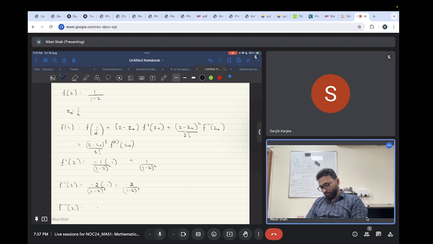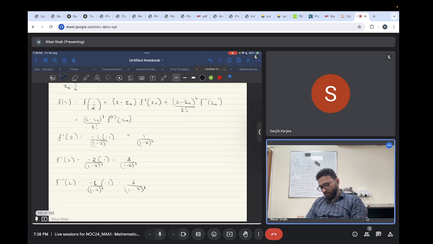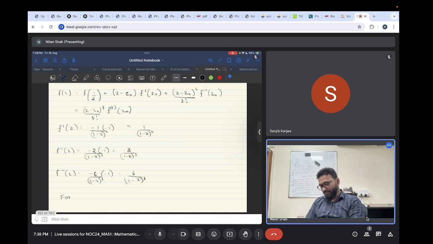Then the second derivative: 6 by 1 minus z, minus 6 minus 1, is equal to 6 divided by 1 minus z whole cube. So now having done this, for now, because this can be useful for expanding about any other point, I have written these general expressions of the derivatives first.